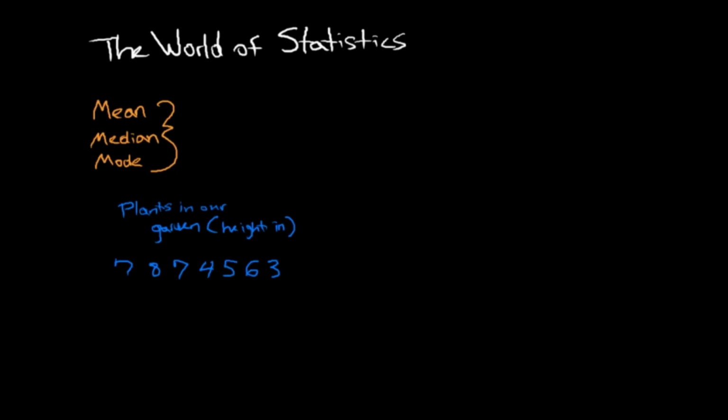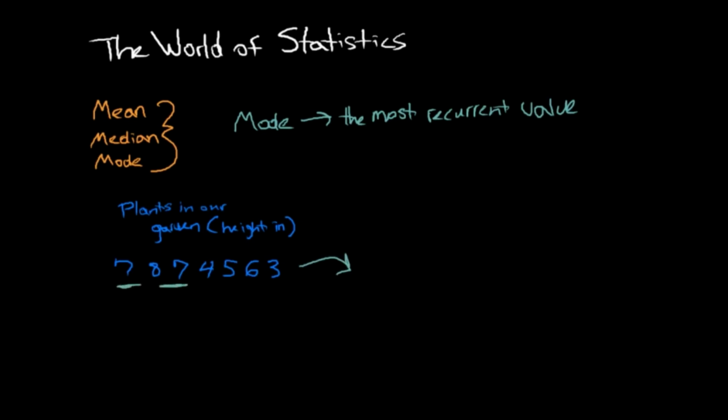And last but certainly not least, we have the mode. The mode is simply the most recurrent value, or the value that occurs the most. If we look at this data set, we see that we have 7, 7.